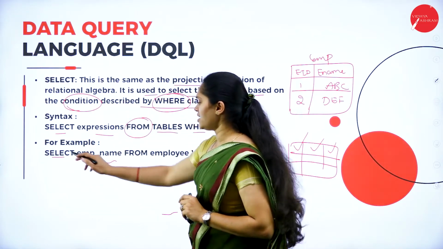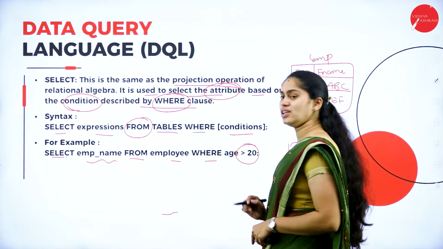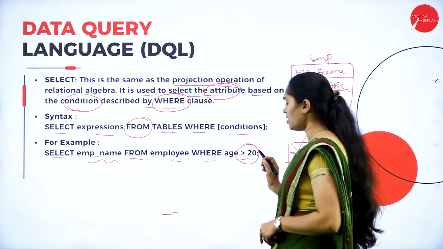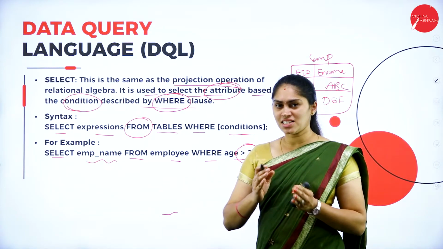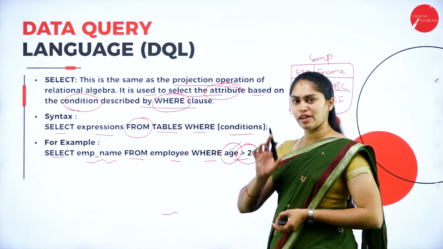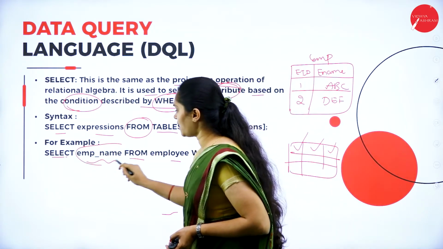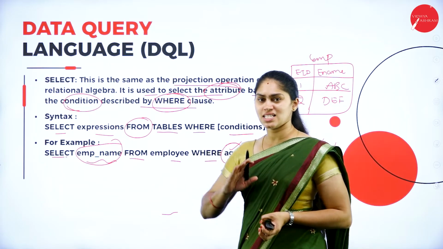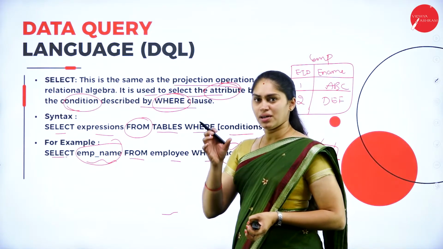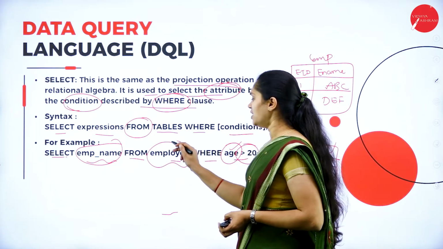So here: select employee name from employee where age is greater than 20. What is the condition here? Those employees whose age is greater than 20. So the column age should be there. If their age is greater than 20, then I am retrieving their employee name. Whose age is greater than 20, that particular employee name I am fetching from this employee table.